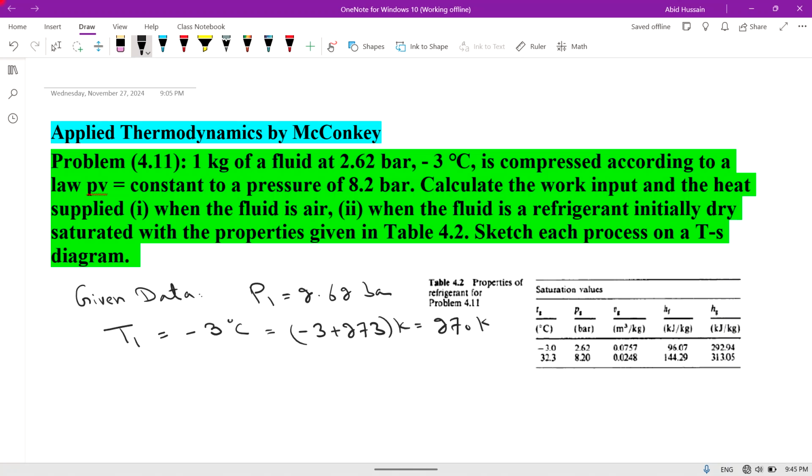The process is according to the law PV is equal to constant. After compression, pressure increases, so final pressure is 8.2 bar.